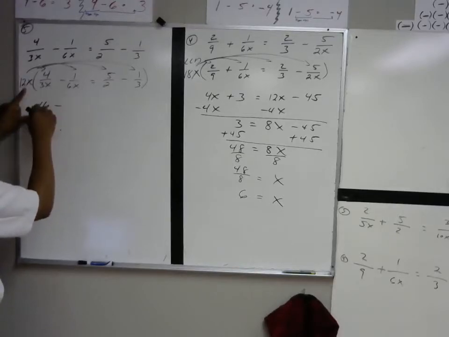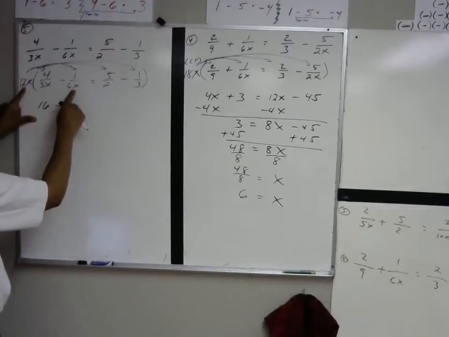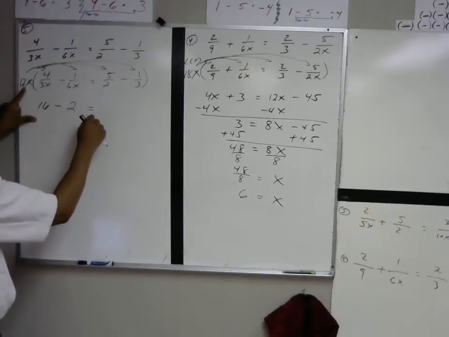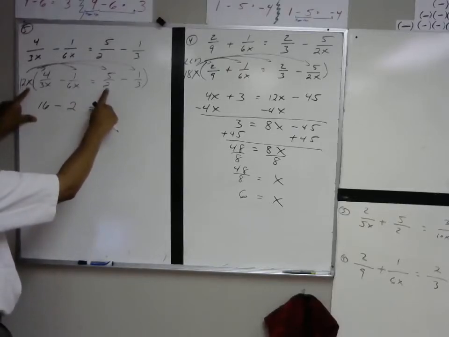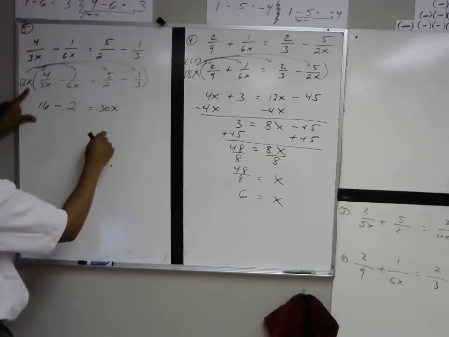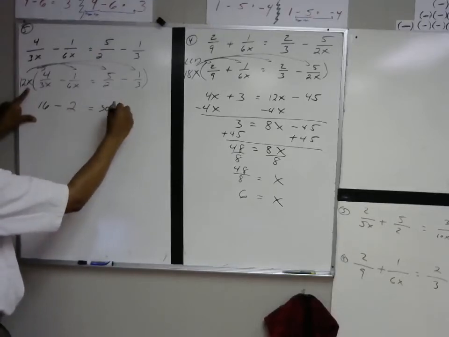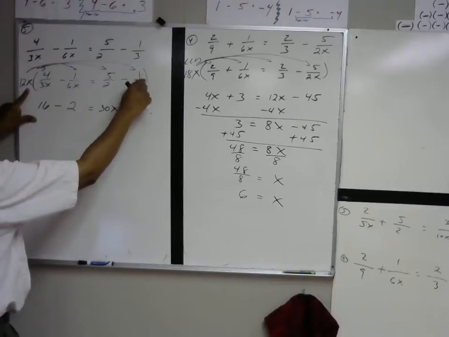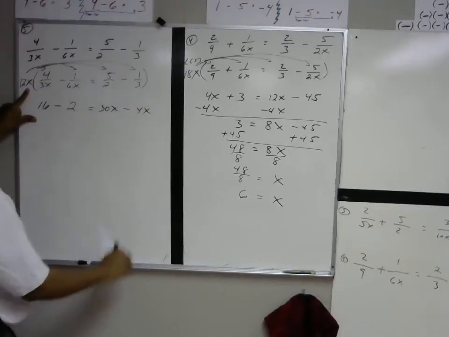Minus sign. 12x divided by 6x is 2. 2 times 1 is 2. 12x divided by 2 is 6x. 6x times 5 is 30x. Minus 12x divided by 3 is 4x. 4x times 1 is 4x.